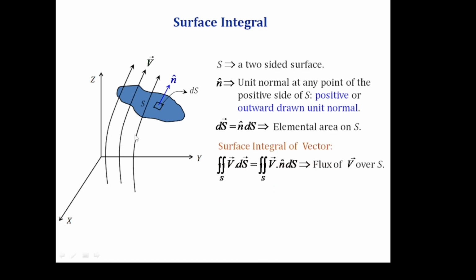The electric lines of force or magnetic lines of force can be explained by V in general. So the flux of V over S is the surface integration V dot ds. The open surface integration is denoted by this, and the closed surface integration, when the surface is closed, is denoted by this symbol.